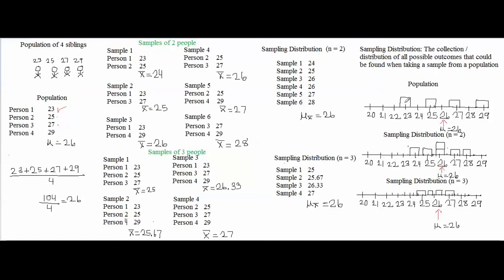Now I wanted to talk about the shapes of these different histograms. We can see that the population is flat, and we can also see that it's the most spread out. So compared to these other two histograms, the population has the most spread between the values. We can see that in the sampling distribution for the sample size of 2, the boxes are getting less spread out.